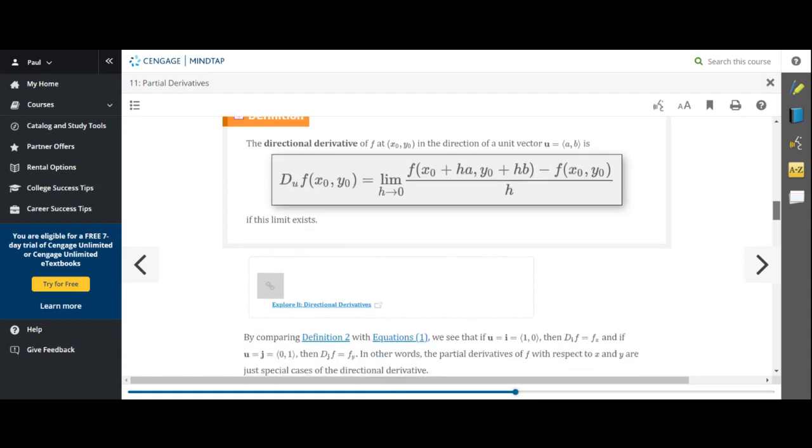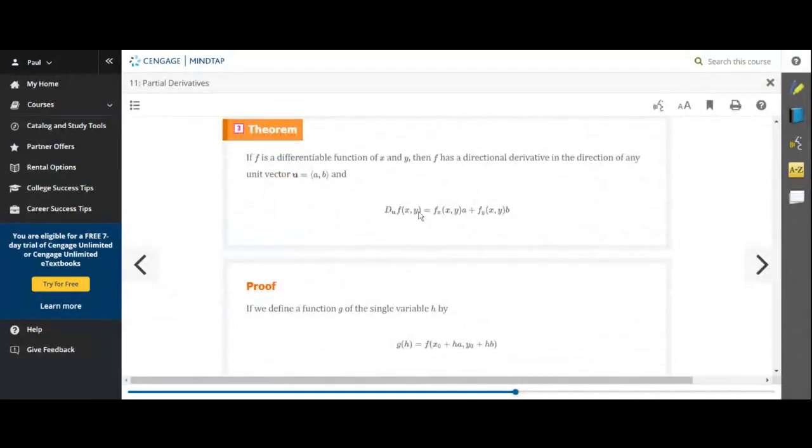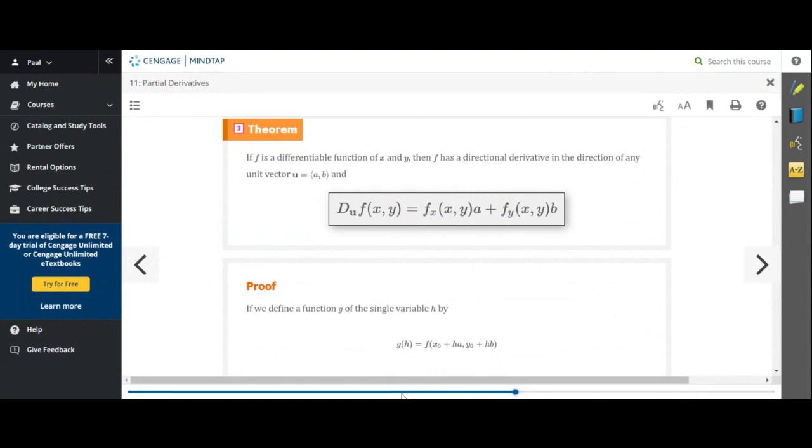So here, this is a theorem in the book that says if you want to compute a directional derivative of a function in the direction of a unit vector u, where the components of u are a and b, the directional derivative is equal to the weighted average, basically, or the linear combination of the two partial derivatives with respect to x and y, where the weights are a and b respectively.